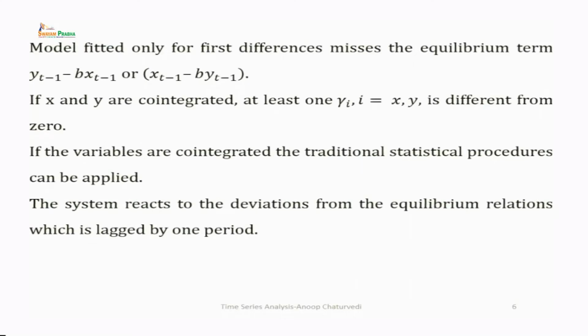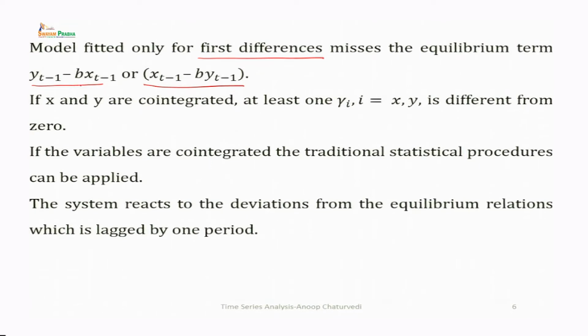Then we had taken first differences to make the processes stationary. Then we ran regression between the two processes, and we observed that for that simulated data the performance of the regression was very poor. The regression had very low R square, and this was the reason: we did not consider this equilibrium term. We were just running the regression between the first differences.